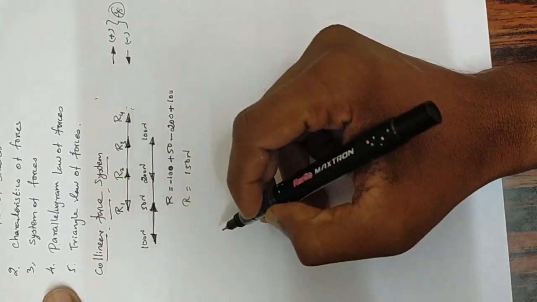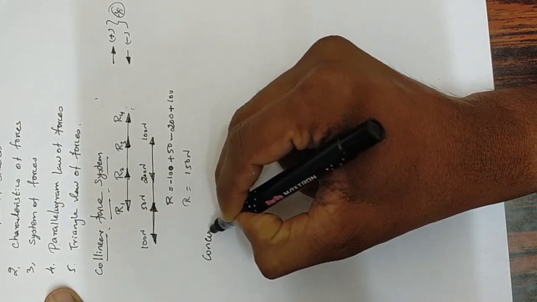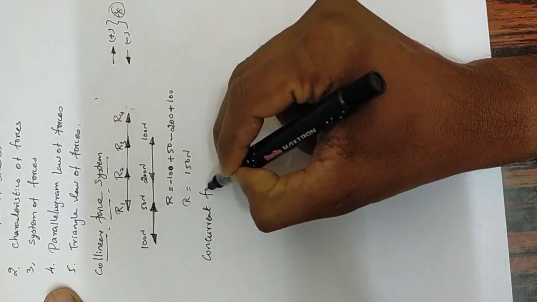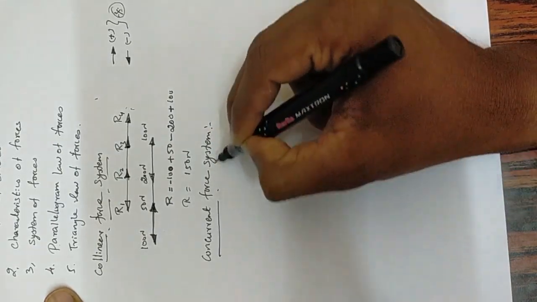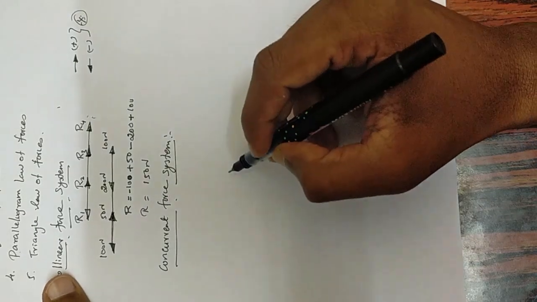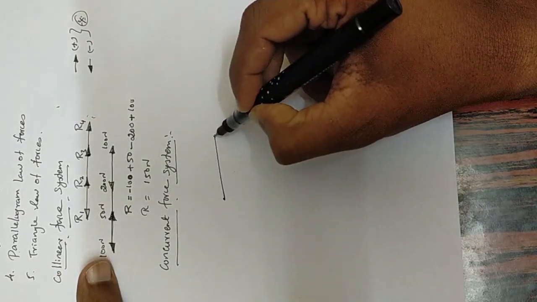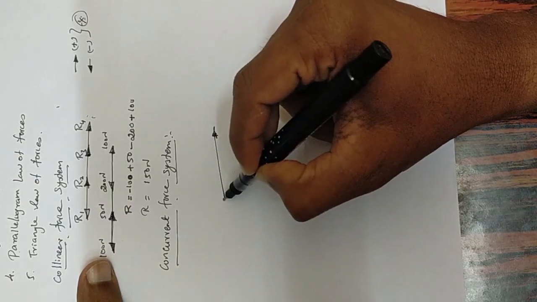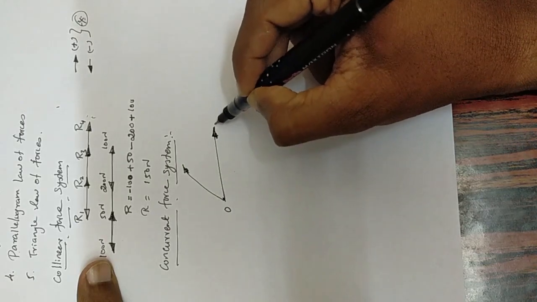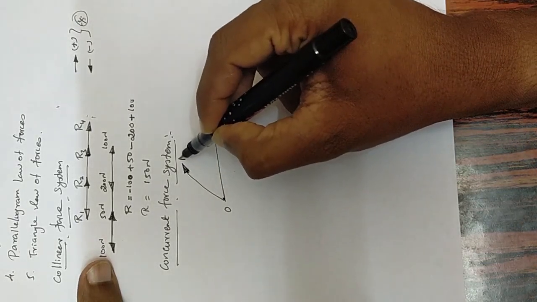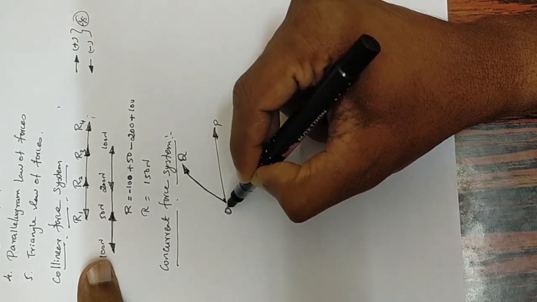The next chapter is the concurrent force system. Here two forces are acting at a point O. Maybe this force is called P and this force is called Q. These two forces are acting at a point.